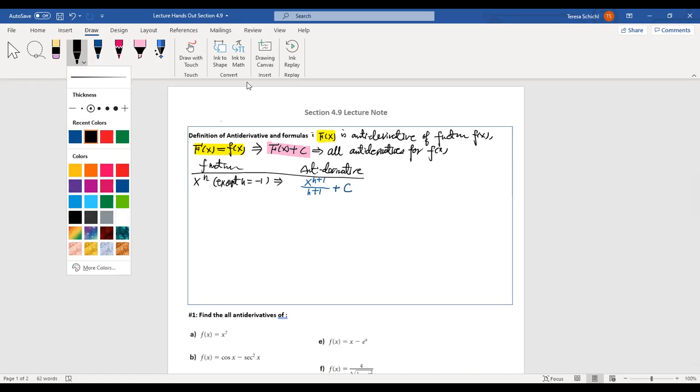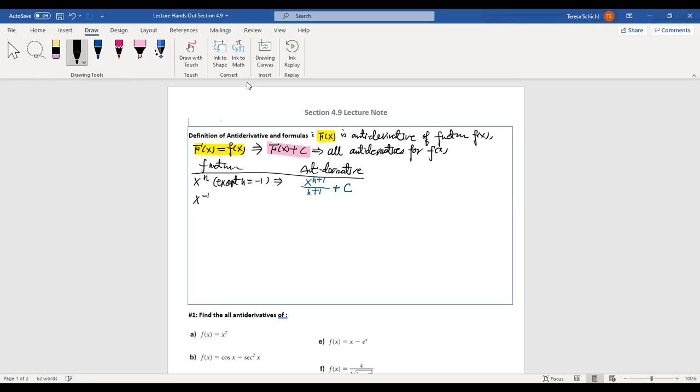So you can always take the derivative of the antiderivative to check that it gives your function. Here n is not equal to -1. How about x to the -1? The antiderivative will be natural log of x plus C.